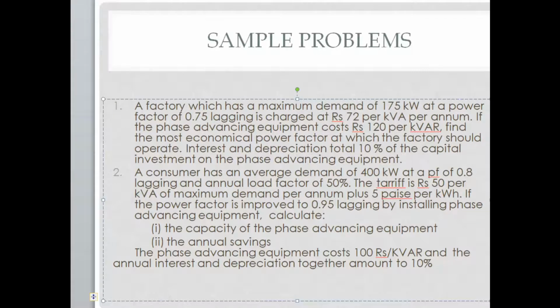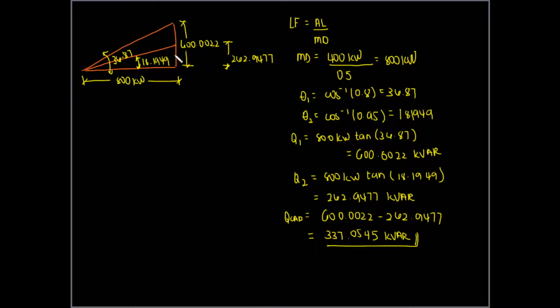Now, number 2 can be a little bit tricky. It's asking for the annual savings. So what technically happens here? After the power factor correction, we now have this smaller triangle. And you observe that the hypotenuse of the smaller triangle is smaller than the original one. The hypotenuse happens to be your kVA, your apparent power.